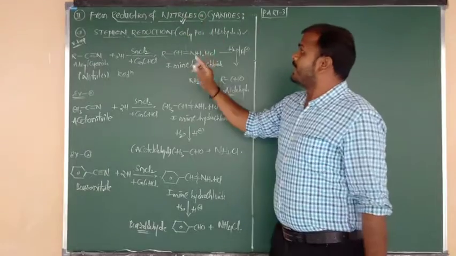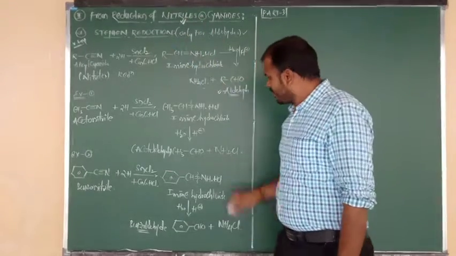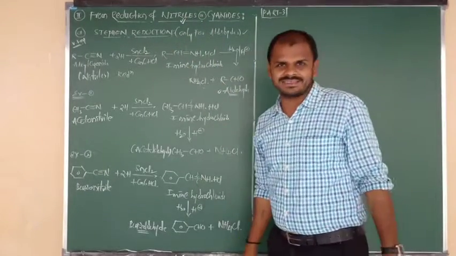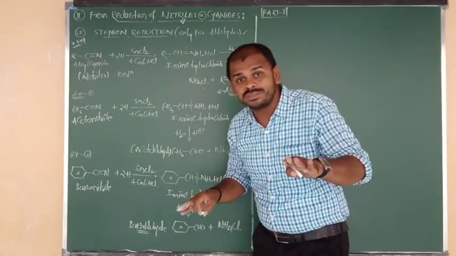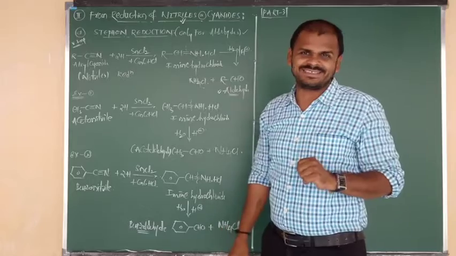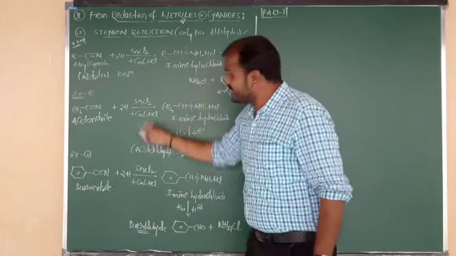From reduction of nitriles using Stephen reduction, we have prepared the aldehydes. Again, from reduction of nitriles, now I am going to use another reducing agent. Here it was the Stephen reducing agent.